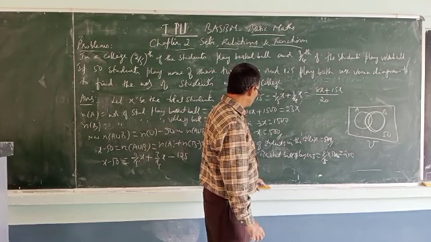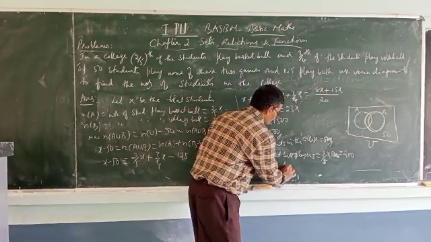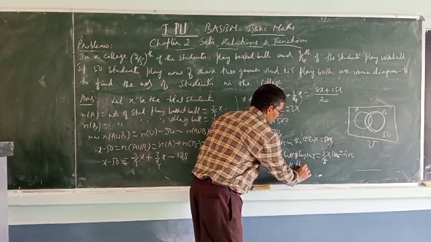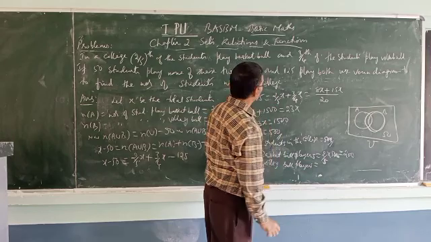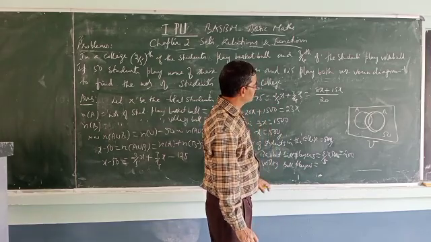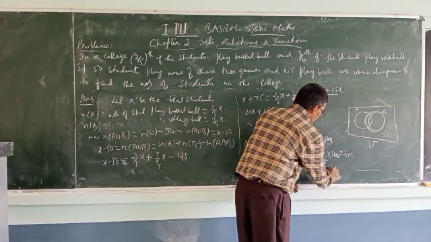Next, volleyball players. How many are there? It is given by 3/4 of the students, 3 by 4 into 500.